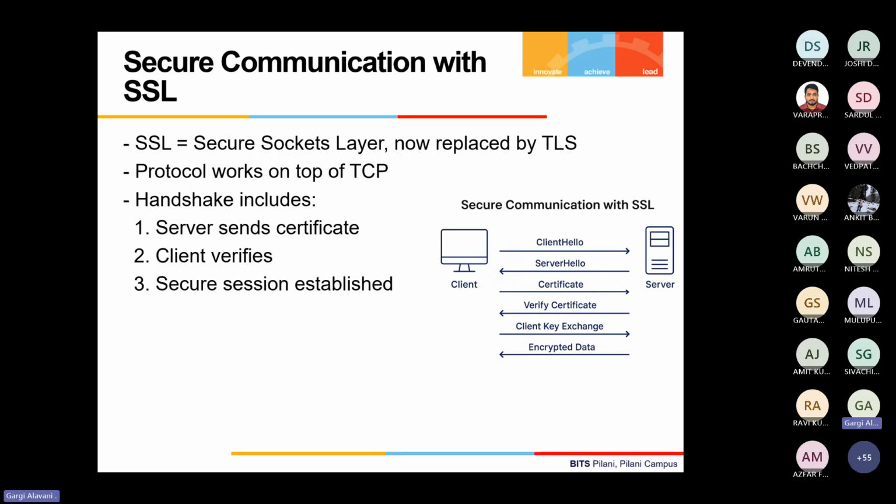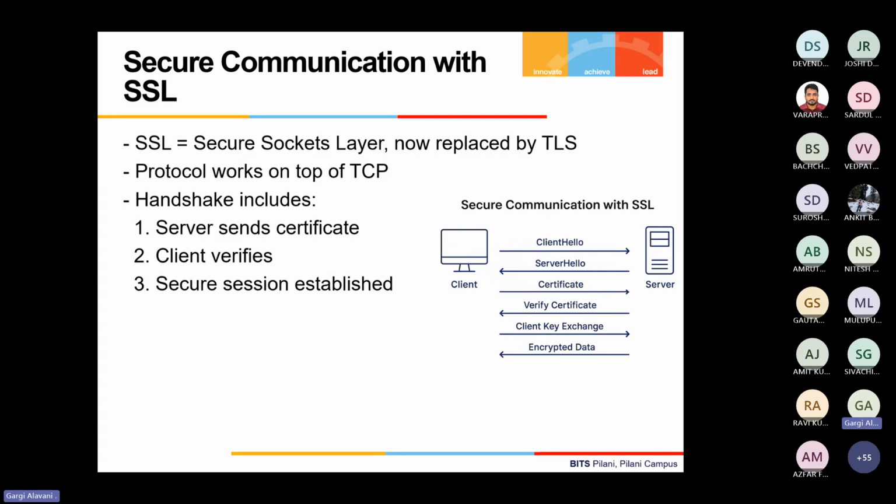This confirms that the party you are communicating with is the one that you want to communicate with. How is the authentication done? Anyone know? Certificates. Yes, digital certificates are used for authentication.